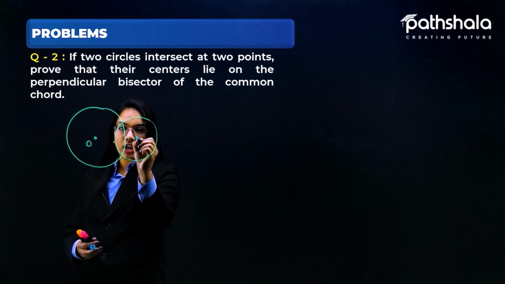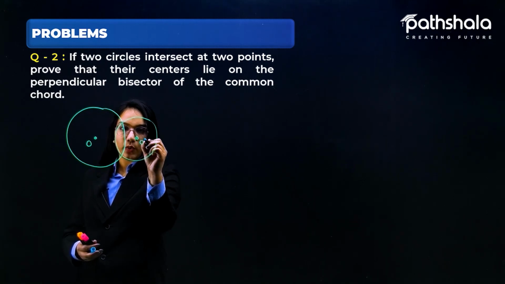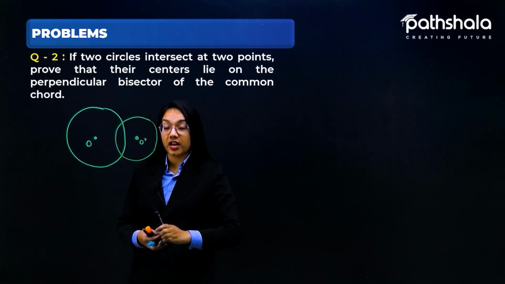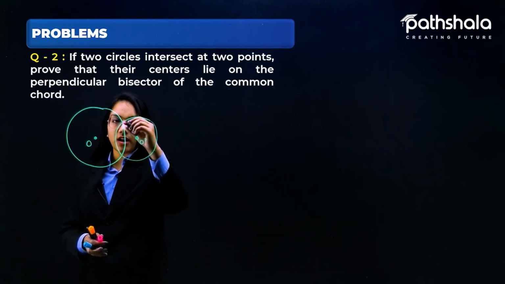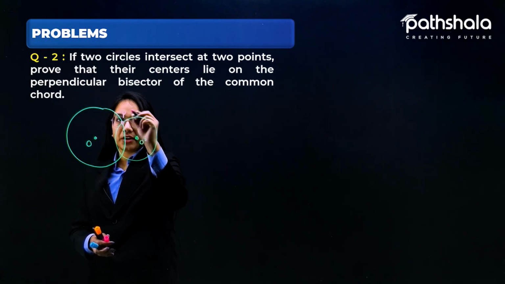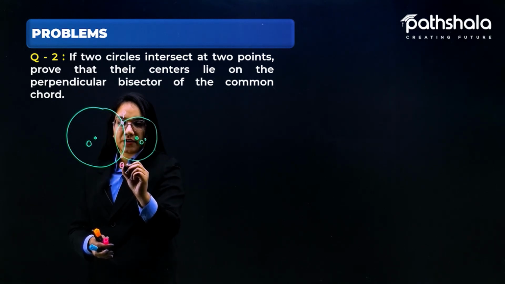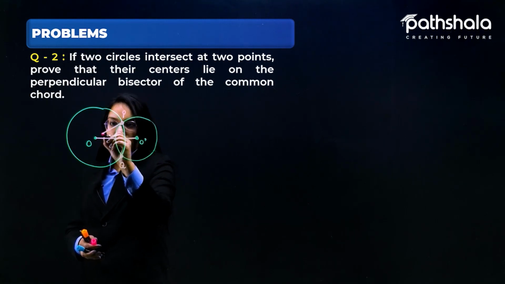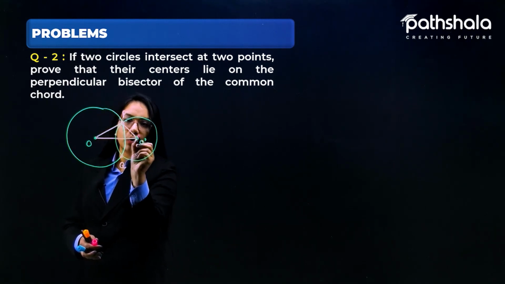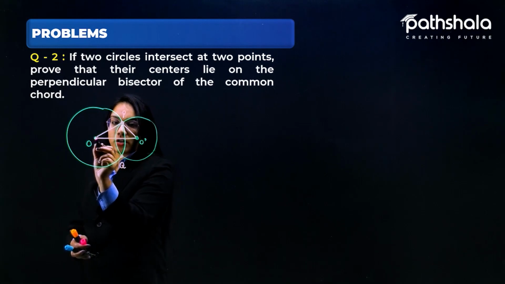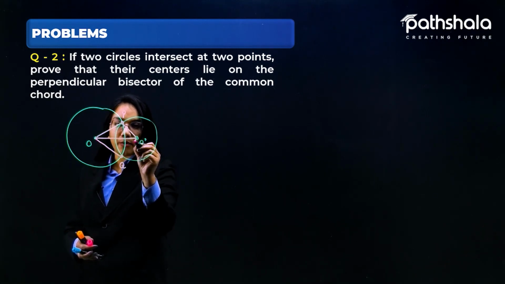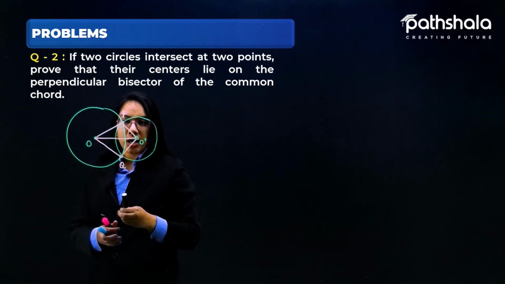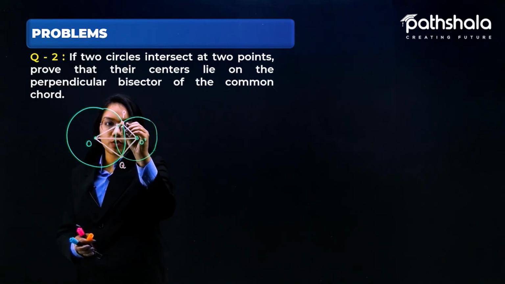Let us call the intersection points P and Q. I'm joining OP, O dash P, OQ, O dash Q, and then joining PQ.